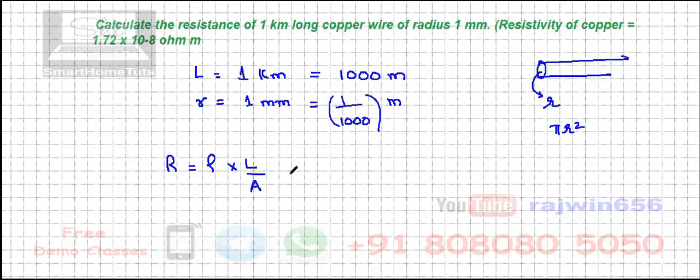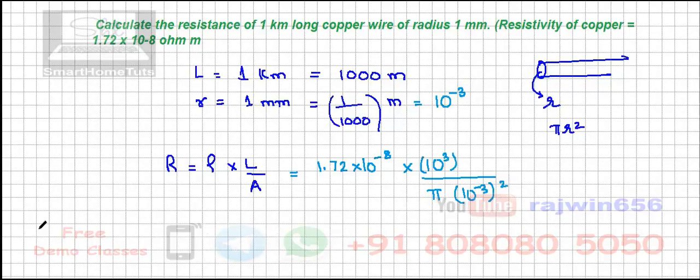Rho over here, the value is given 1.72 into 10 raised to minus 8 multiplied by, this length is 1000 meters, so this is going to be 10 raised to the power 3. I'm just going to write this area of cross section in the proper format. We can write the radius as 10 raised to minus 3. So that's pi r square, pi into radius square, that is 10 raised to minus 3 square of this.